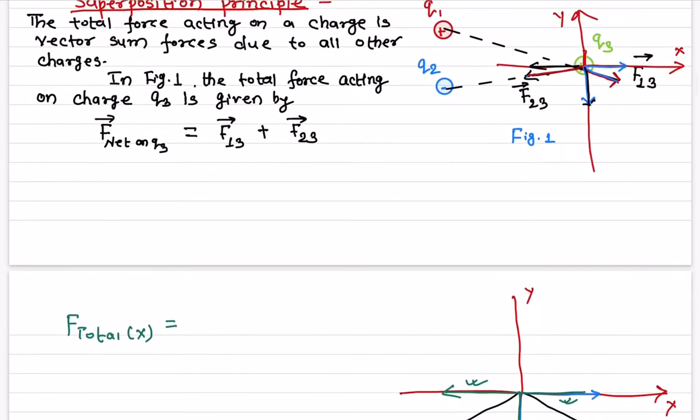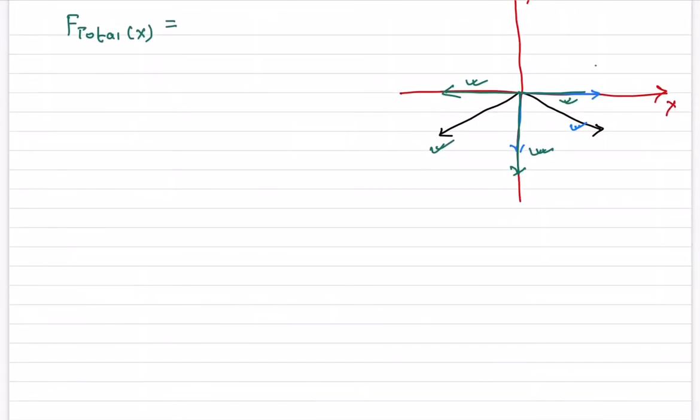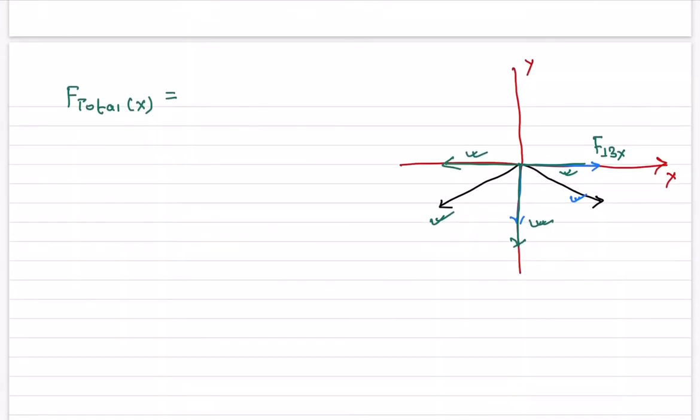Let's say this force is F13, so I'm calling this one F13x, and this is F23, so this is F23x. This force is the F13y component, and this is the F23y component. This force is F13 and this is F23.